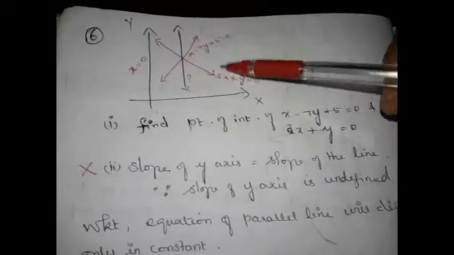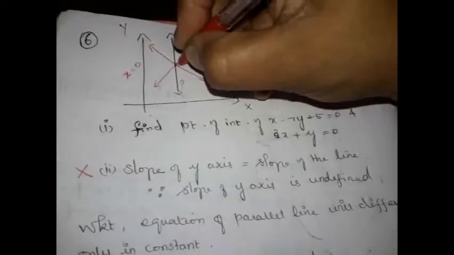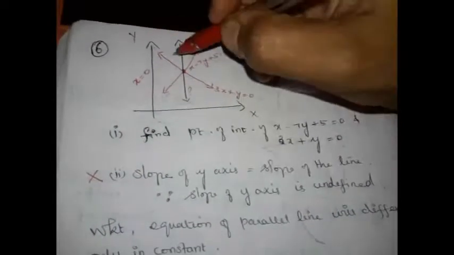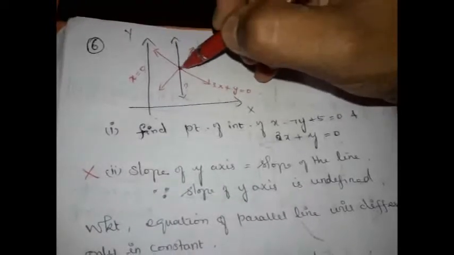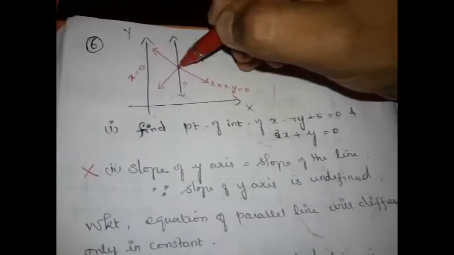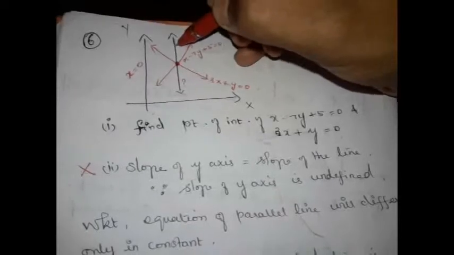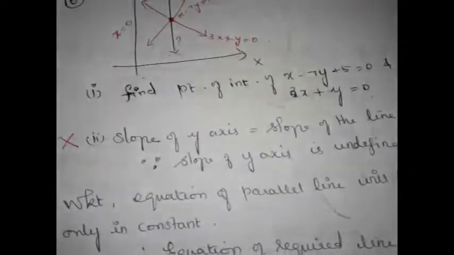You can adopt any one method and solve these two equations and find the values of x and y, which will give you the point of intersection. Since the line passes through the point of intersection of these two lines, this point lies on our required line as well. So we have one point and the slope, so we can go with the slope-one-point form. This is the normal procedure we will follow.